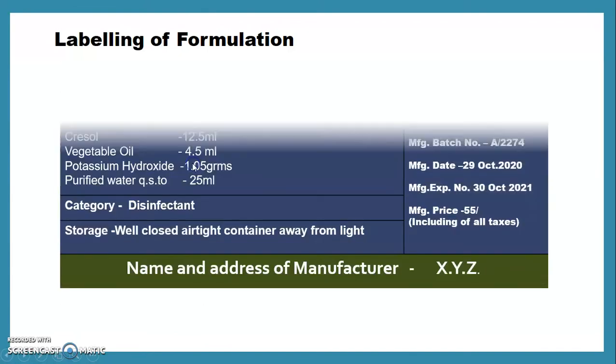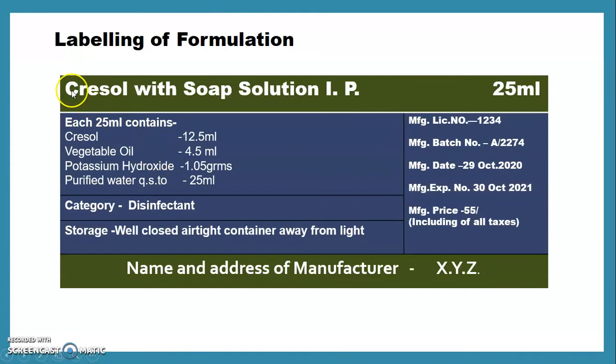First of all, the name of our preparation, that is Cresol with soap solution, and then the quantity of our preparation should be mentioned, that is 25 ml, and the content of each 25 ml.